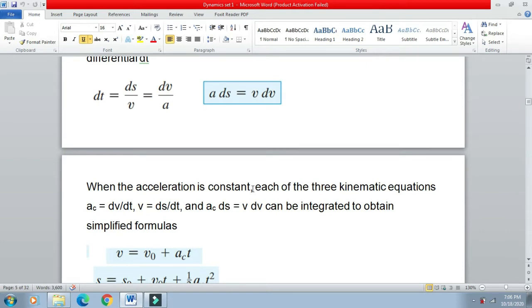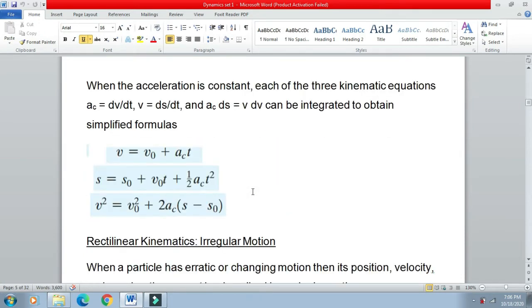If we assume acceleration to be constant, acceleration is not changing with respect to time, then we can have simple relations which the students have studied in their matric or intermediate course.